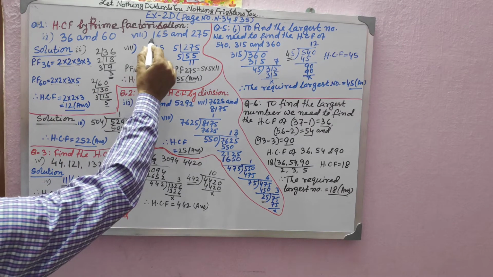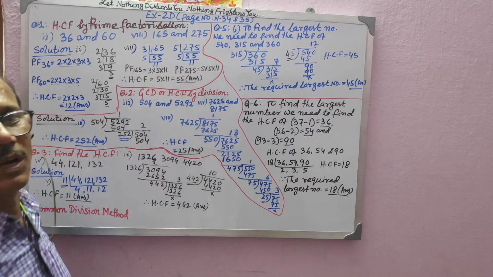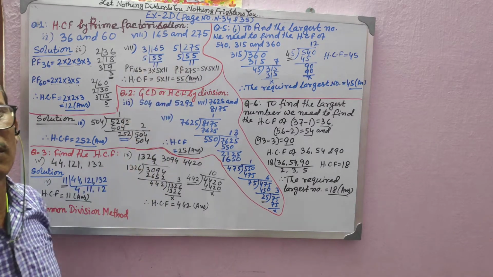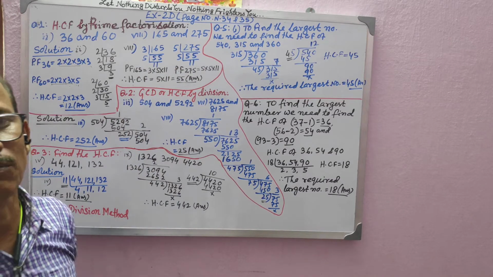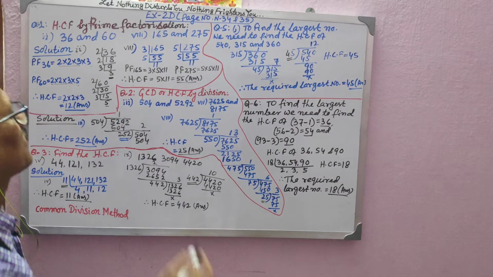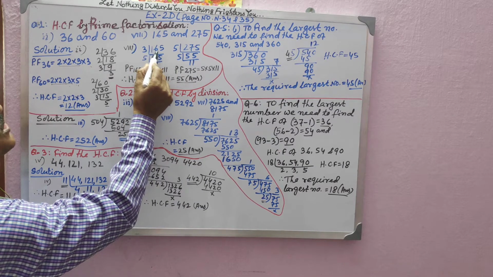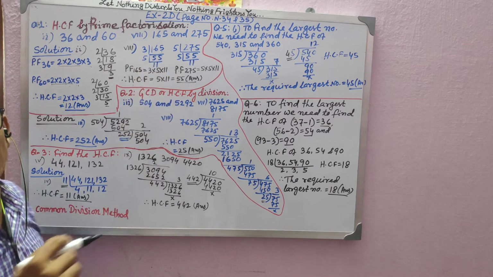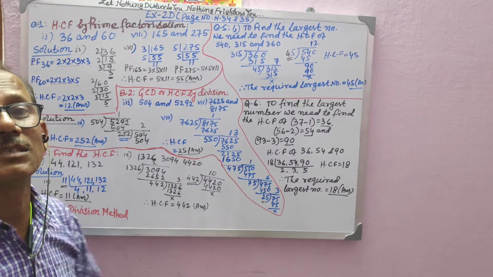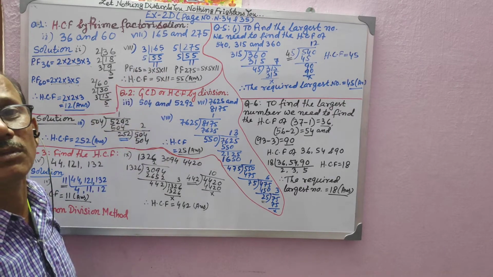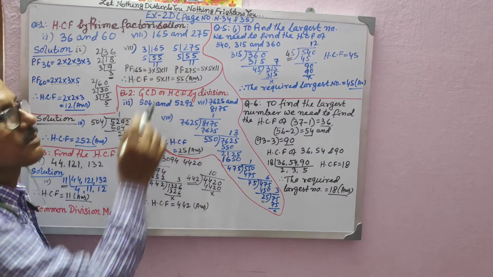Now I have taken another example, 165 and 275. What will you do? Similarly, you find out 165 as a product of prime factors. See, 165 short division. We see it is not an even number, so it will not be divided by 2. Obviously the next prime number is 3. Try to divide it by 3. Will it go? With the test of divisibility you check: 1 plus 6 plus 5, 12.